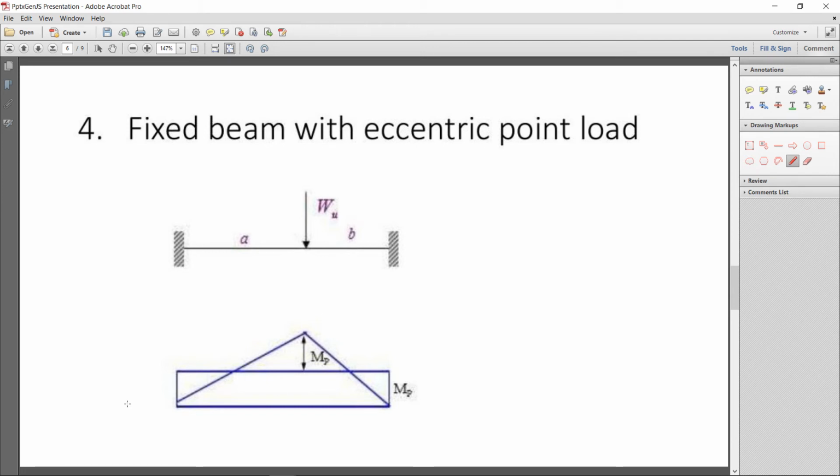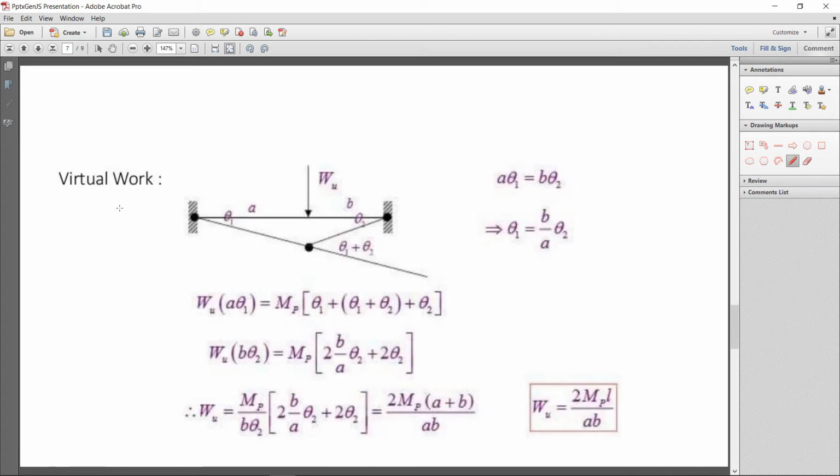First of all, hinges will form at the supports, then at the load point. Now here by virtual work, that is the failure mechanism, hinges will form at the supports, then at the load point. Now first of all, it is not symmetrical, so theta at this location will be different.